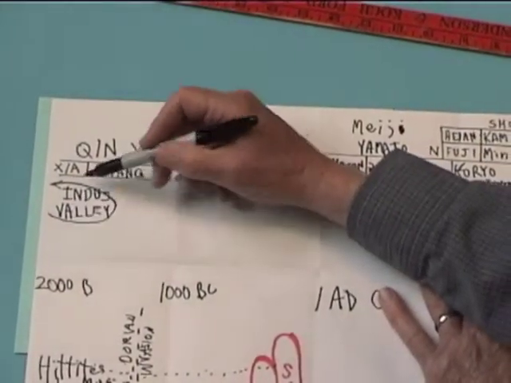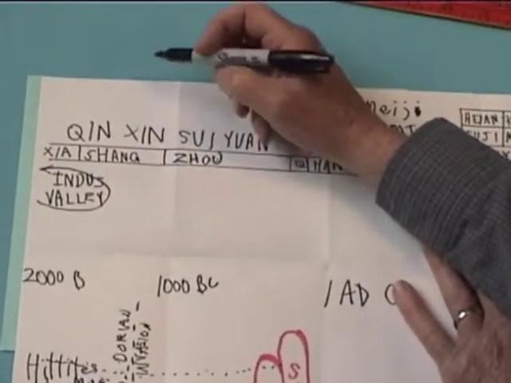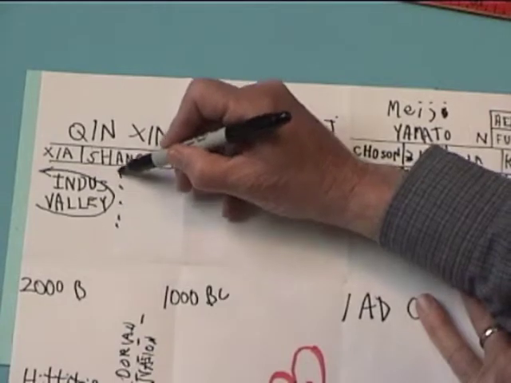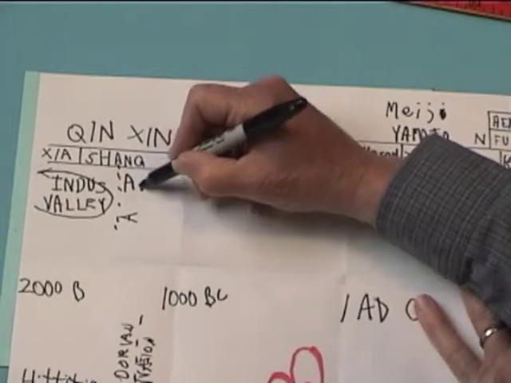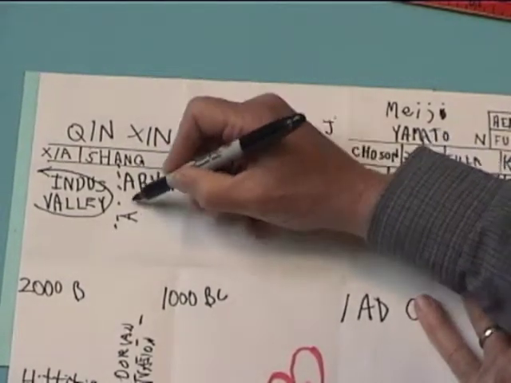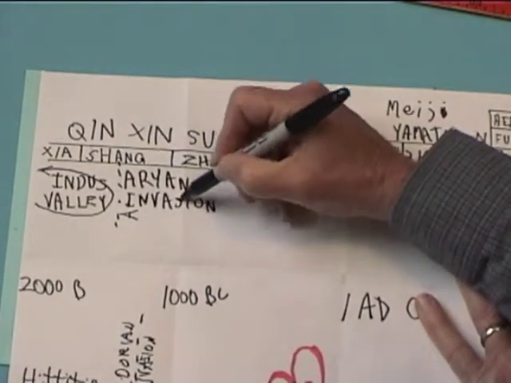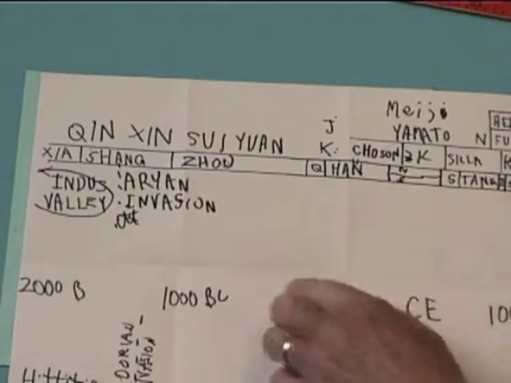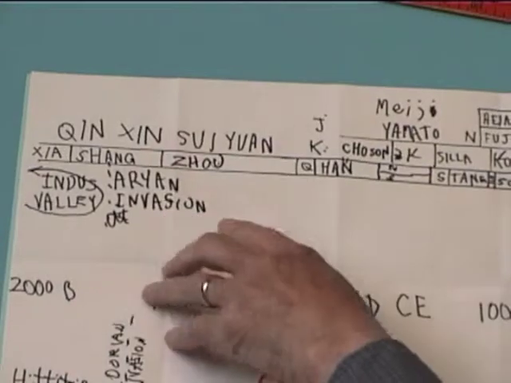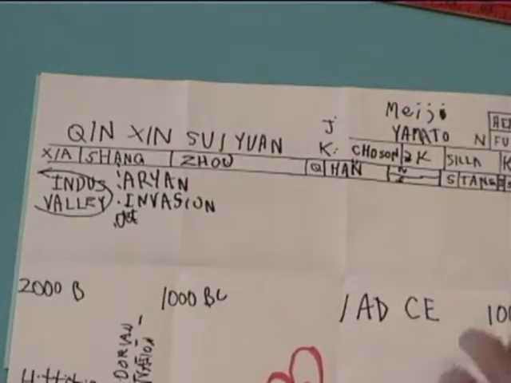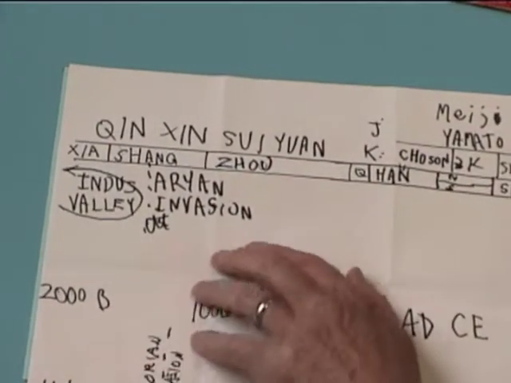The Indus Valley civilization had faded by the time a very important and large event took place in 1500 BC. It was called the Aryan invasion. Tribes from north of India came down and militarily conquered the people of India, and that's when the caste system started, because they put themselves over the other people.